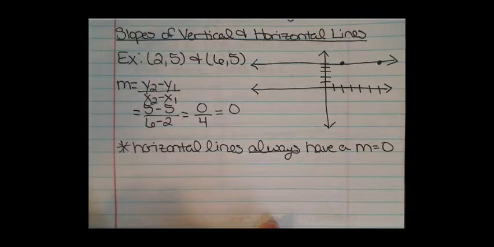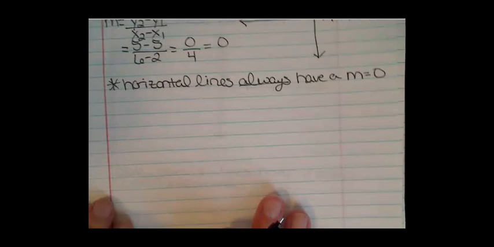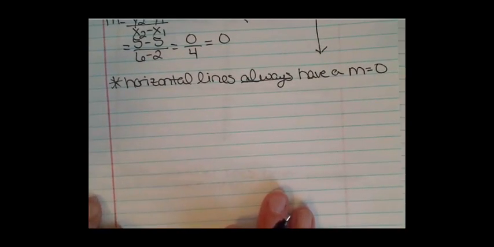Okay, so if that's a horizontal line, then let's look at a vertical line. Example, we have 2, 4, and 2, 1.